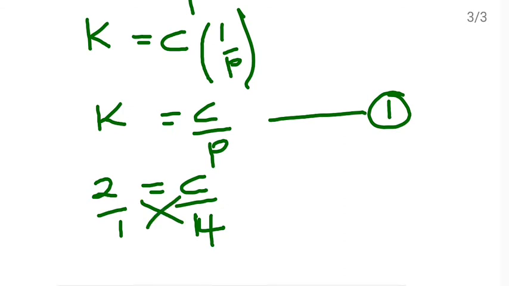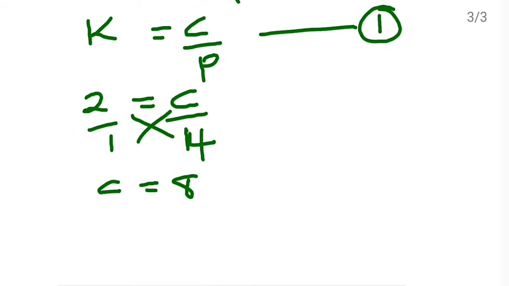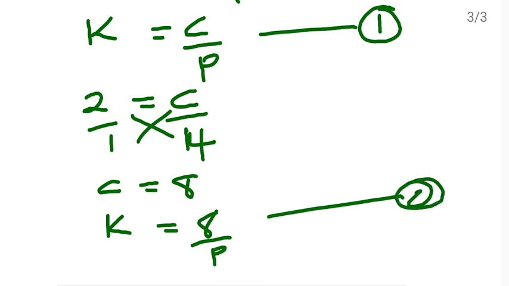So when we cross multiply, we shall get c as 2 times 4, which is 8. Put back the value of c in equation 1. So when we put back, remember that k is c over p, we shall get k equals 8 over p. You can call this equation 2.